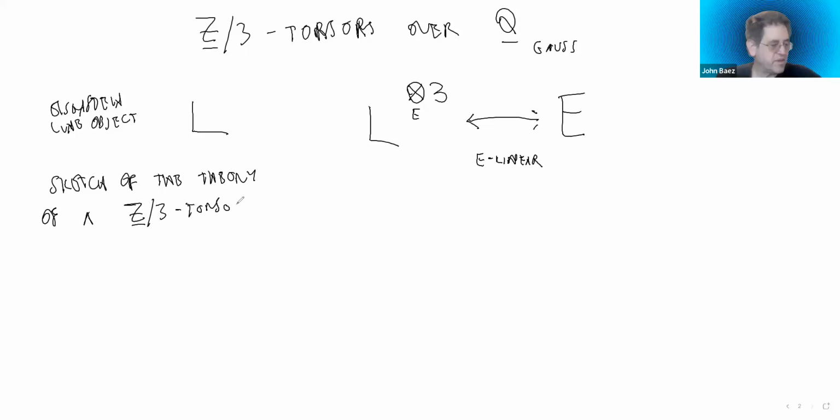Okay. But again, by abstract nonsense, the theory of a Z mod 3 torsor can be thought of as a long-winded way of saying the representation category of Z mod 3. And because of the context that we're working in here, it's representations over Q, representations over the rational field.